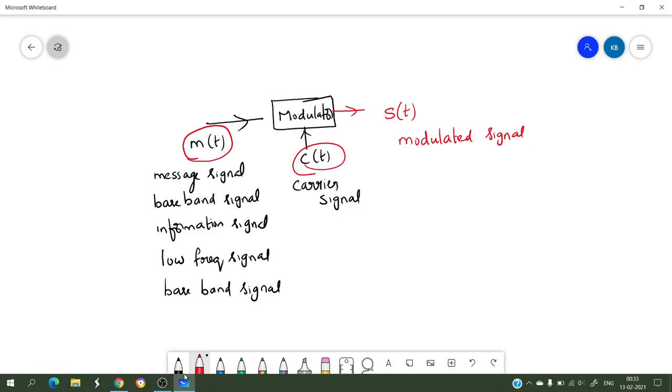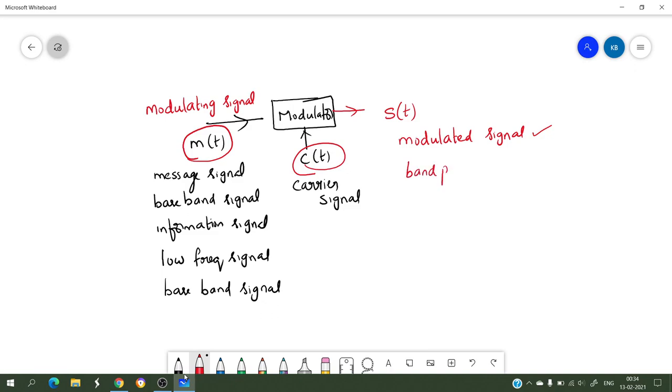And there is one more name for the m(t), and it is called the modulating signal, which is to be modulated. Using the help of this carrier, this signal is transmitted through free space. Then at the output, it is called the modulated signal. And there are some names for this modulated signal.